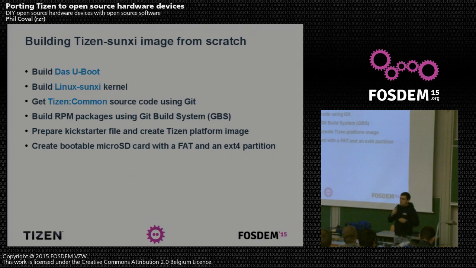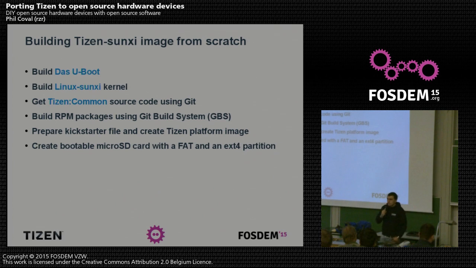Once you have built the bootloader and the kernel, the next steps are related to building Tizen. There are a couple of ways to build Tizen. As you heard in previous presentations in this room, you can use Yocto, but in my particular case, I'm using the Git build system.